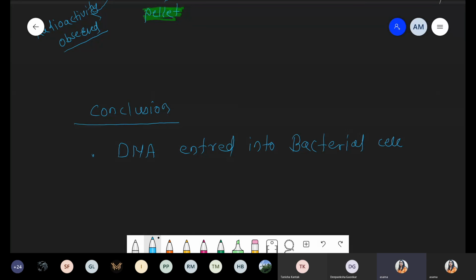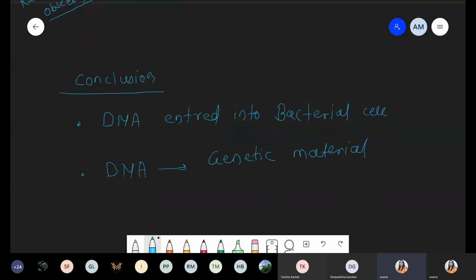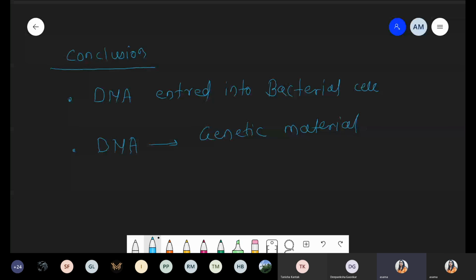And that DNA is nothing but the genetic material. Definitely. Which one is the genetic material? This one, because it is what is transferred. Protein is not transferred. DNA is transferred. And all this information is DNA, the genetic material. This is the final experimental proof given by the scientists Hershey and Chase.